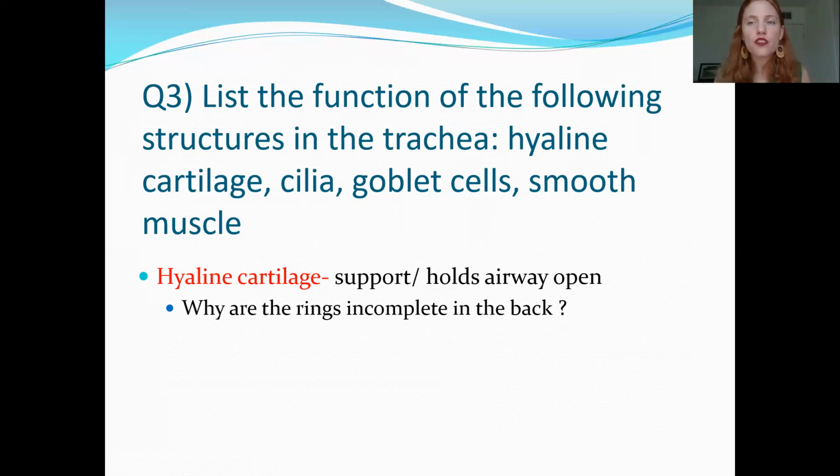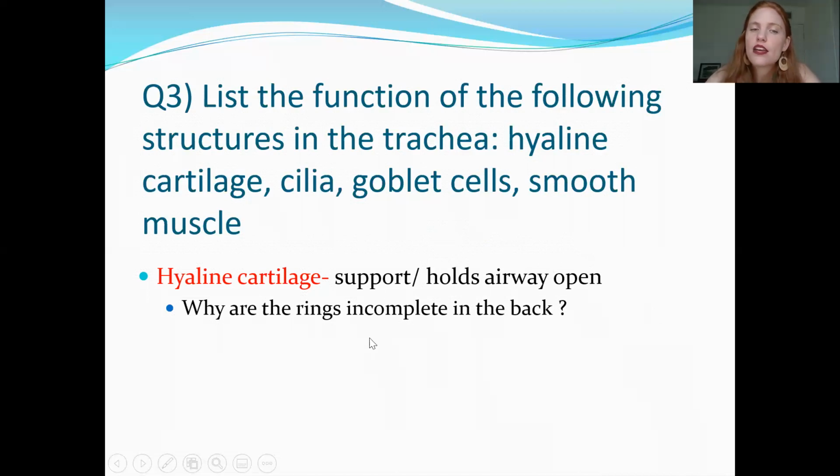And if you didn't have the cartilage to hold it open, the tube would collapse and expand and collapse and expand. You want to hold it open so that you have easy airflow going through. So the function of the hyaline cartilage rings is to provide structure and support to hold open the airways.